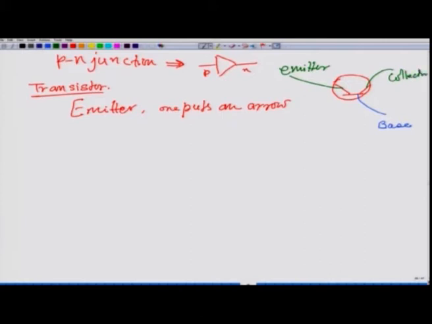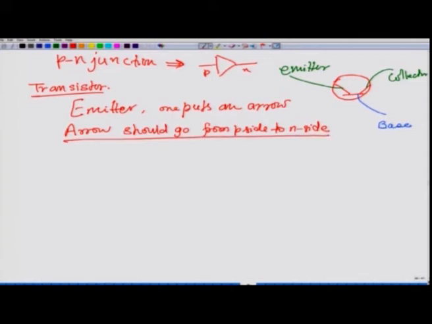So, I have to put an arrow on the emitter. Now, the arrow is put in such a way that it goes from P side to N side. Okay, P side to N side.